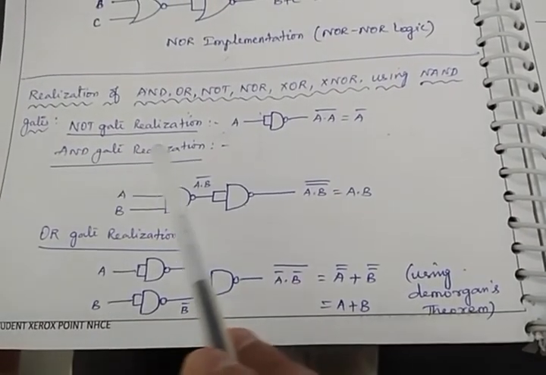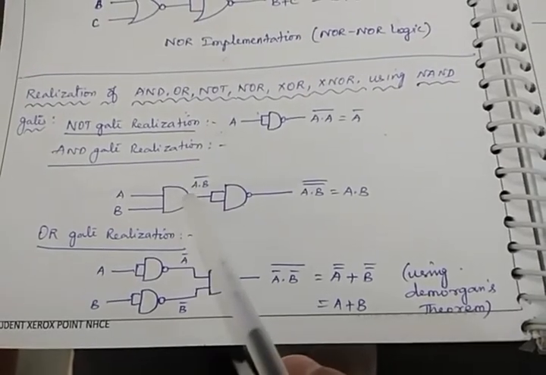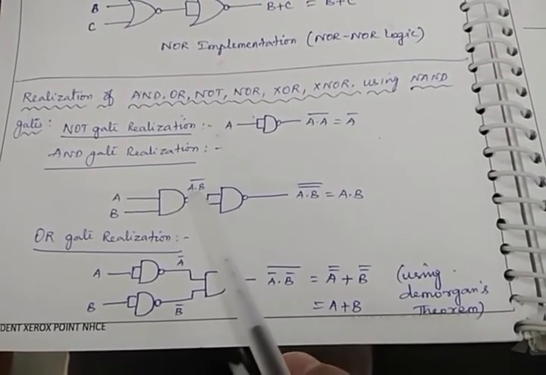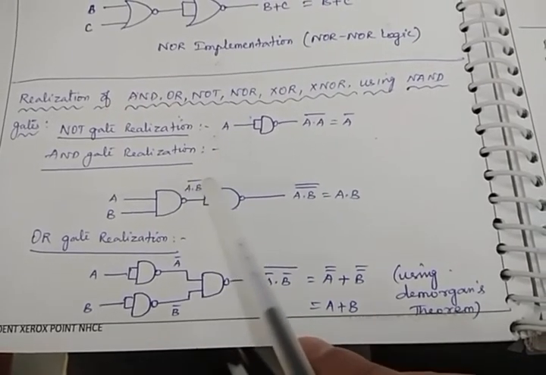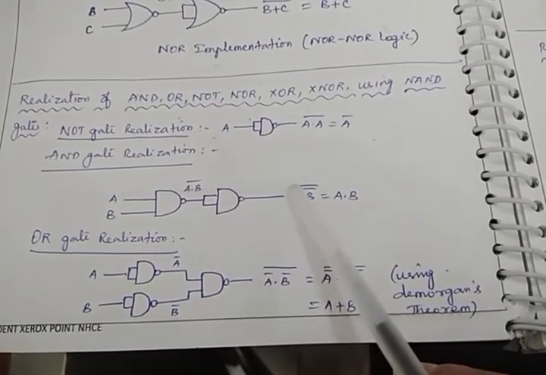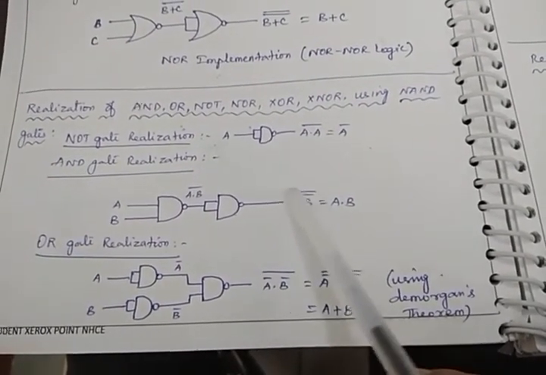So we'll see AND gate realization by using NAND gate. See here I connected one NAND gate. I am giving the A and B inputs to the NAND gate. Output will be A dot B whole bar. And that is given to another NAND gate. So it will be A dot B double bar.